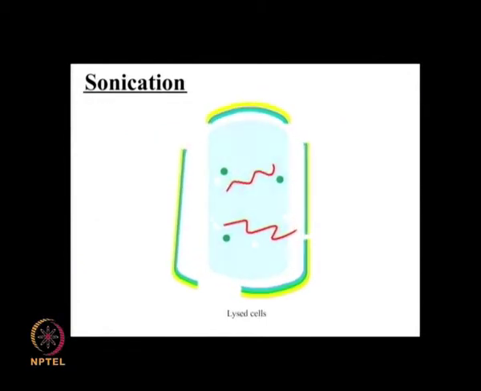Sonication involves the use of high-energy sound waves that are capable of breaking open the outer membranes of cells. All cellular contents, including proteins of interest, leak out of this disrupted membrane.